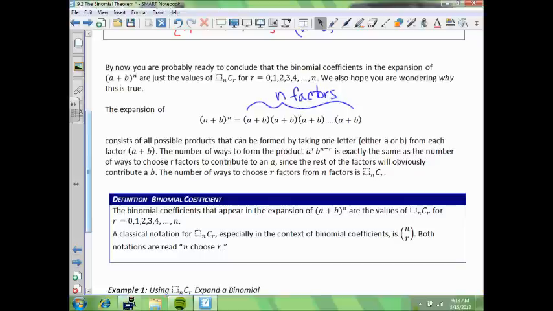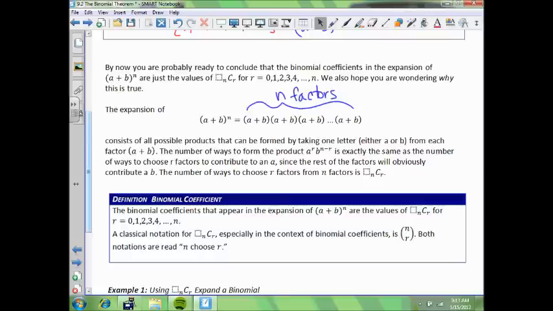That consists of all the possible products that can be formed by taking one letter, either a or b, from each of the factors. The number of ways to form the product a to the r, b to the n minus r, is exactly the same as the number of ways to choose r factors to contribute an a, since the rest of the factors will obviously contribute a b. The number of ways to choose r factors from n factors is n choose r.